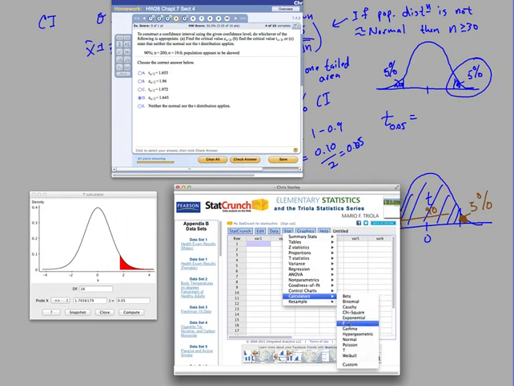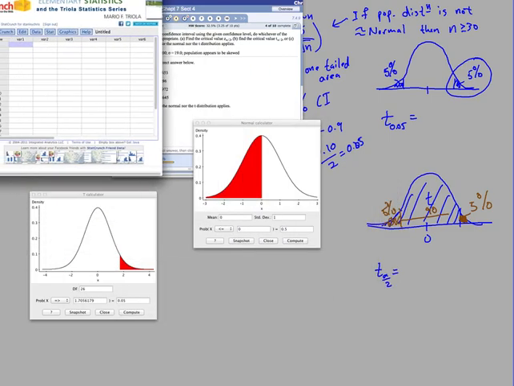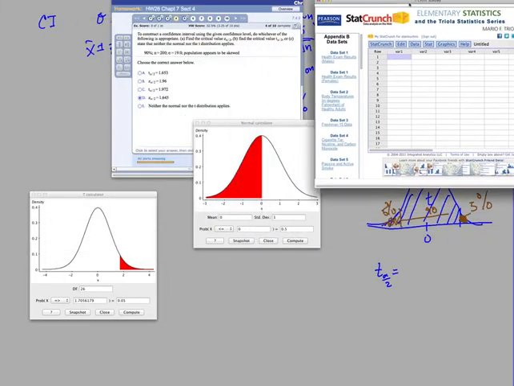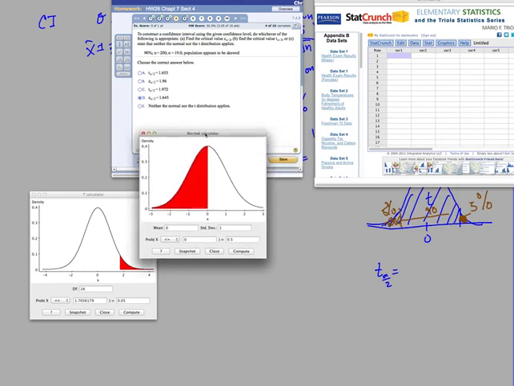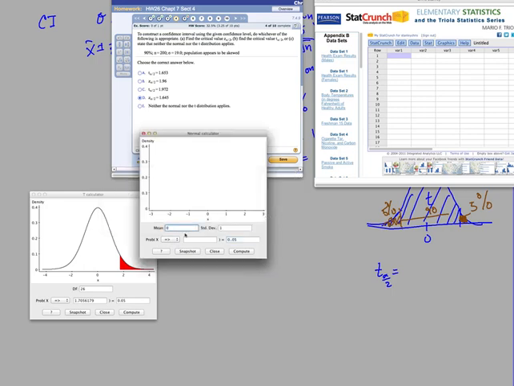So go stat, calculator. In this case, we're in the normal distribution. I like having that thing available. So if 90% is in the middle, what's here on the right? 5%. Okay, and I want this to be greater than.